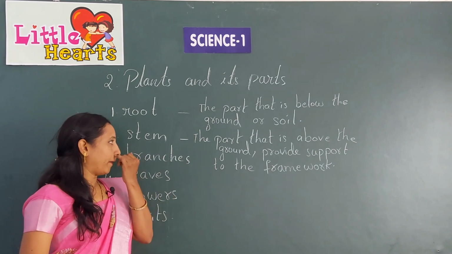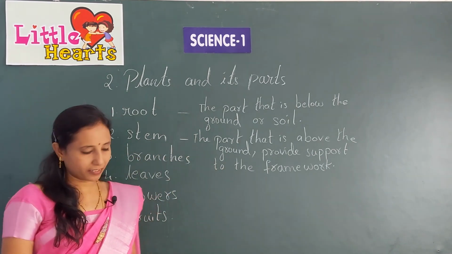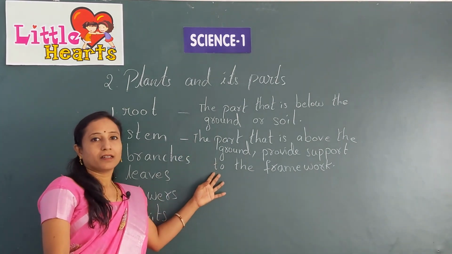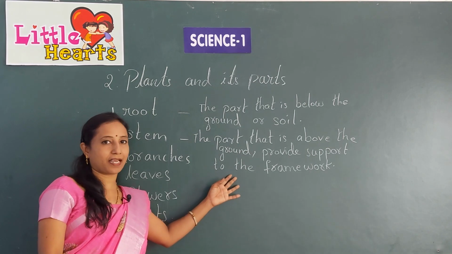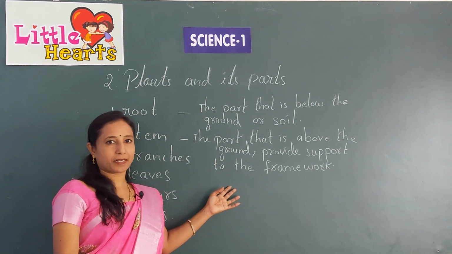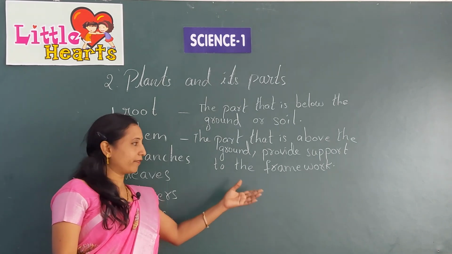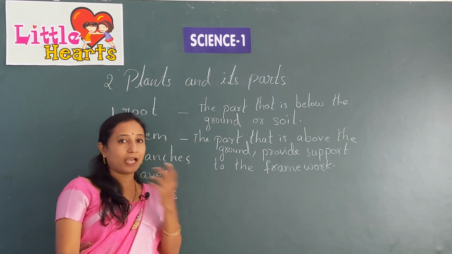So, in the previous lesson we have learnt that the stems are not strong for all plants. For example, trees have strong woody stems, shrubs also have woody stems, and in the case of climbers and creepers, they have weak stems.